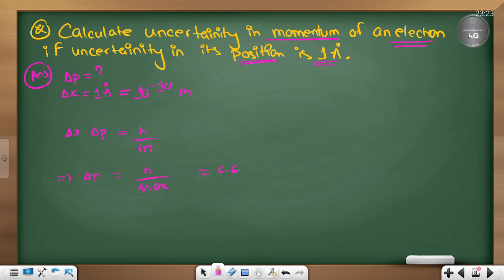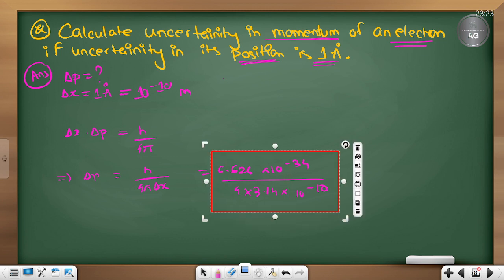That is 6.626 times 10 to the power minus 34 divided by 4 into 3.14 into delta x, which is 10 to the power minus 10. Solve this equation and you will get the answer. In which unit? Momentum is asked, so the answer must be in kg meter per second.